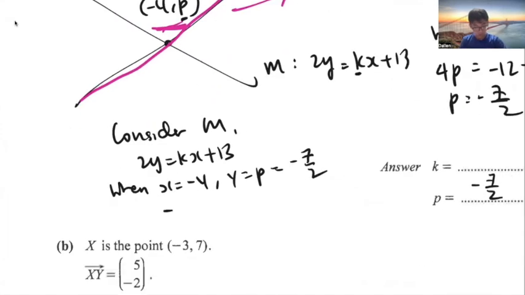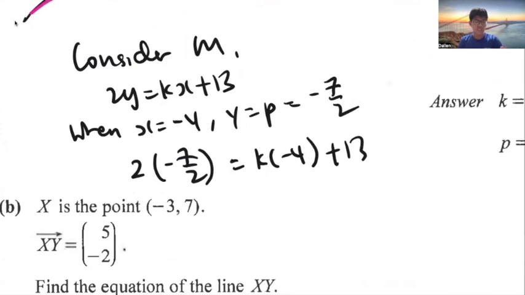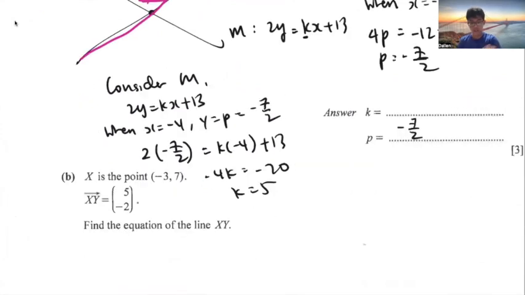So we can write 2 times -7/2 equals -4k plus 13. So this is -7, so we move it over. So k is 5. Okay, next. Part B.